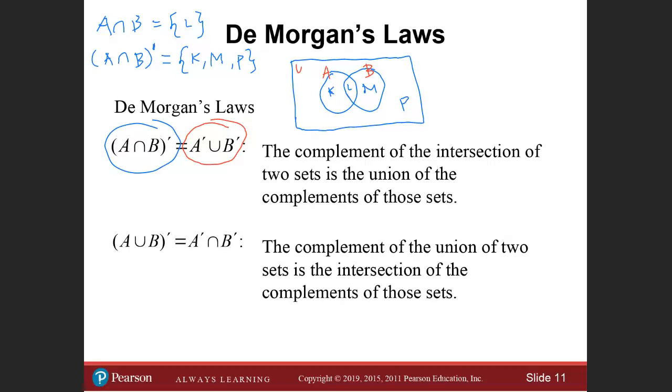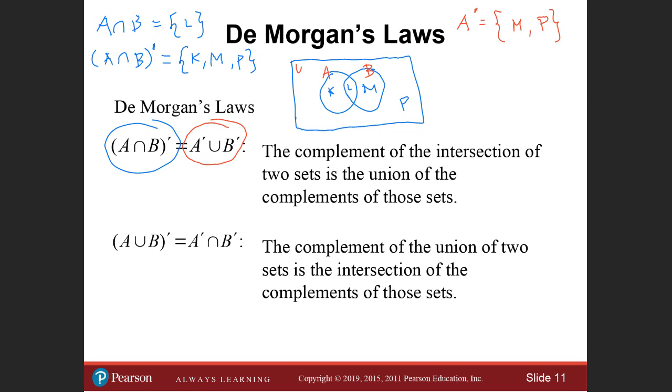So A complement would mean outside of A. What's A is K and L. So outside of A would be M, P, so element M and element P. Those are the two elements outside A.